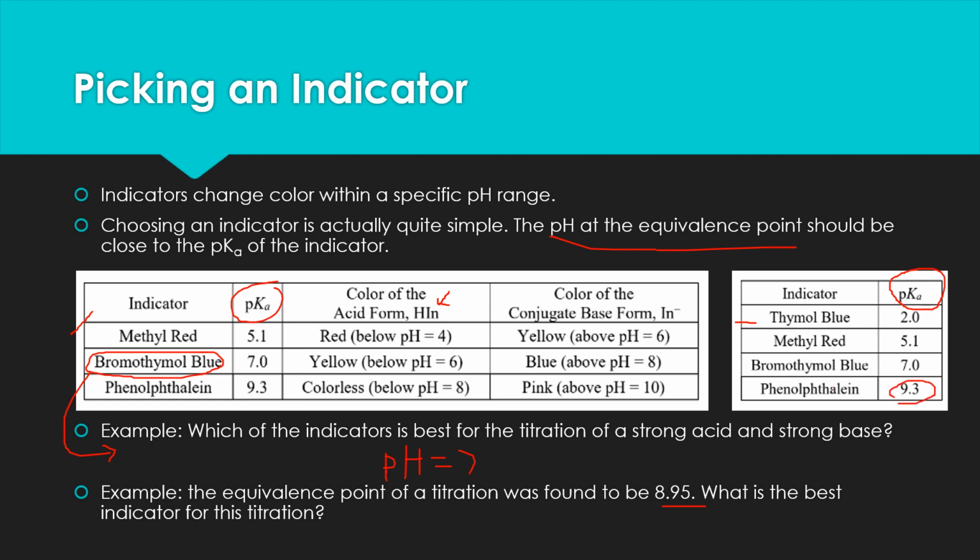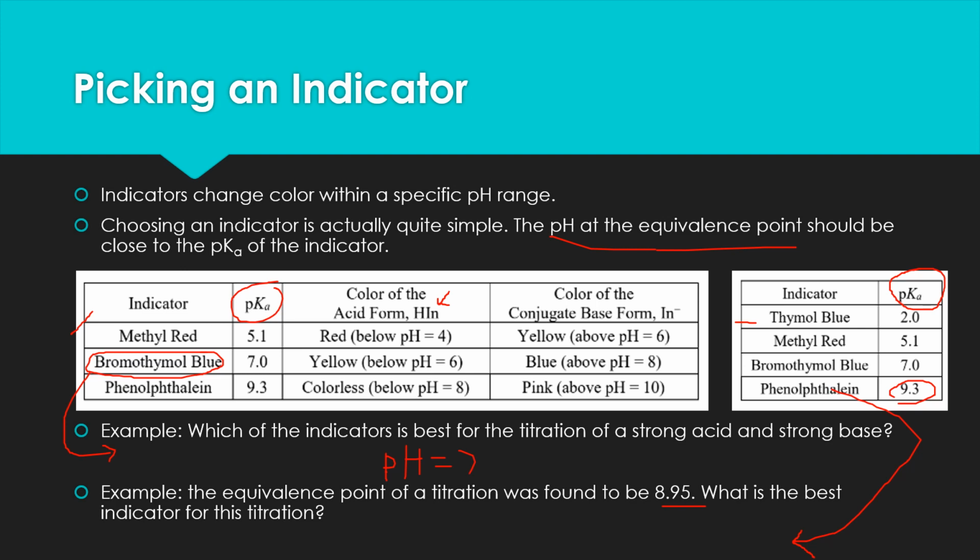So we would want to use phenolphthalein for this one. Okay, so given a pH at the equivalence point, we can pick an indicator based on the pKa of the indicators. We just want them to be as close as possible to each other.